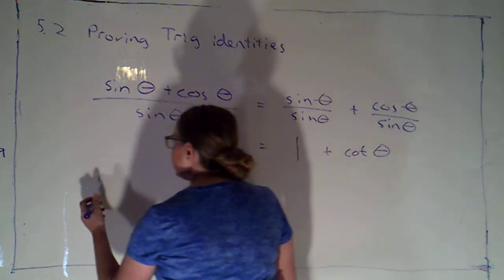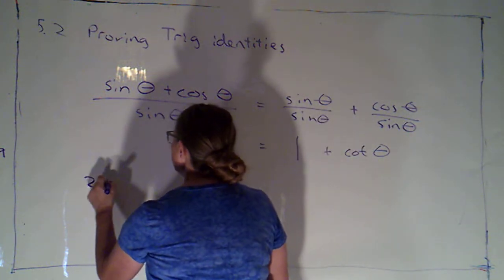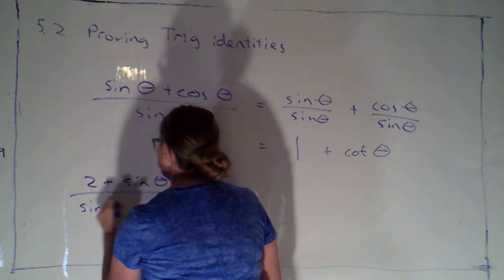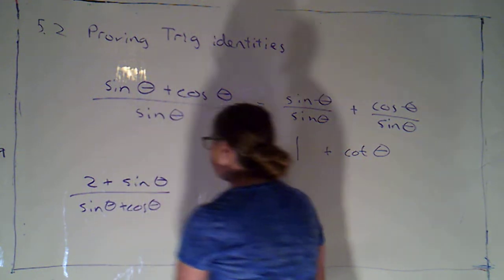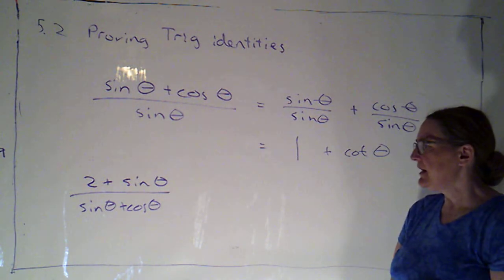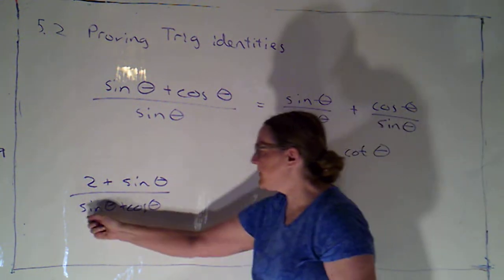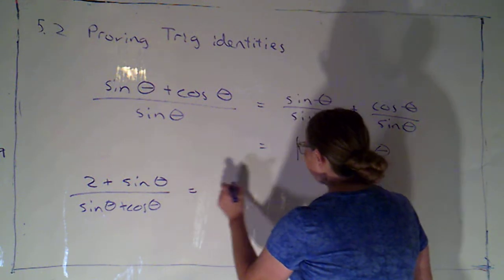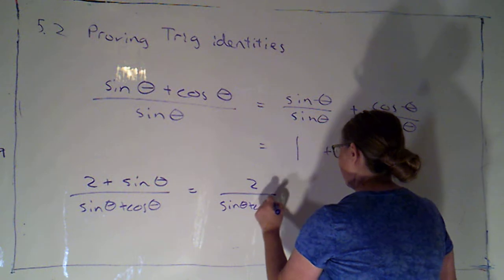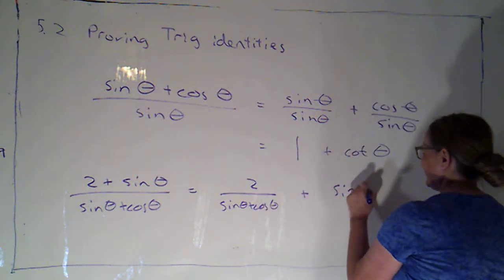Now, if I had something like 2 plus sine theta over sine theta plus cosine theta, here distributing the division isn't going to help because the entire thing is being divided by this. I could distribute the division, but it becomes this.